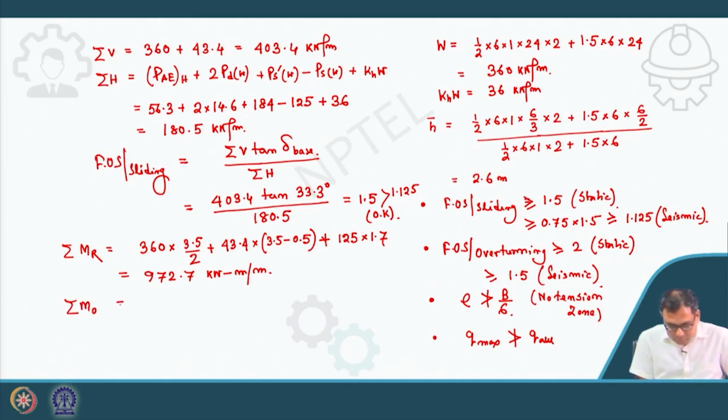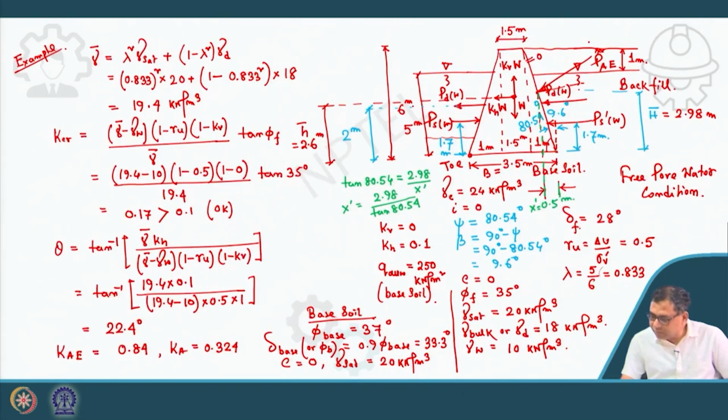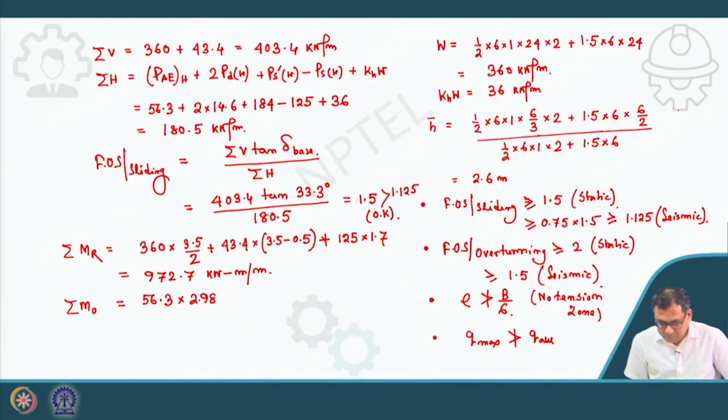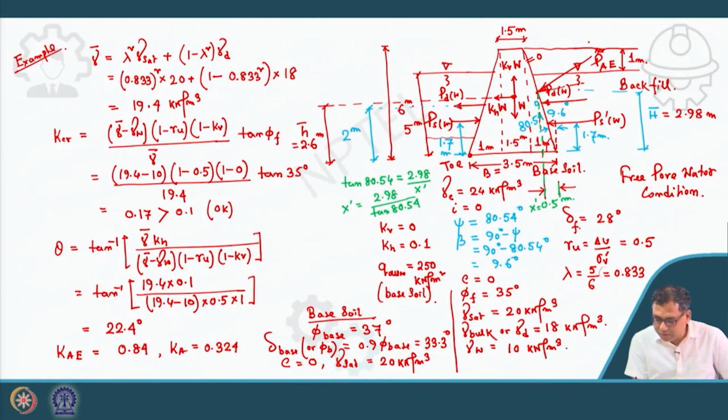And for the overturning moment, the horizontal component of PAE is 56.3 and its lever arm is 2.98, H bar, plus the 14.6 hydrodynamic force into 2, that lever arm is 2, and it is applied twice because it is the free pore water pressure condition, plus 184 hydrostatic in the backfill, 184 into 1.7 again, plus that 36 into 2.6, because I have already determined H bar dash as 2.6.